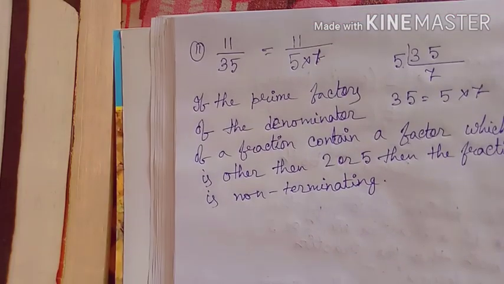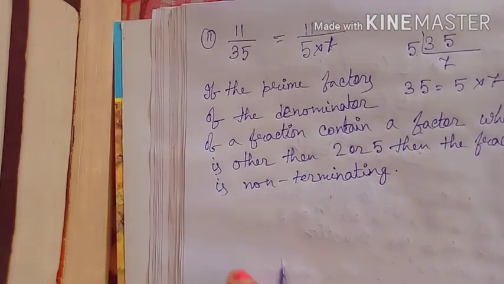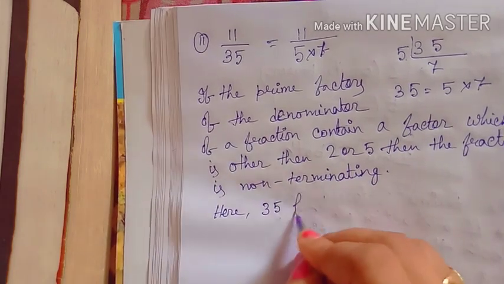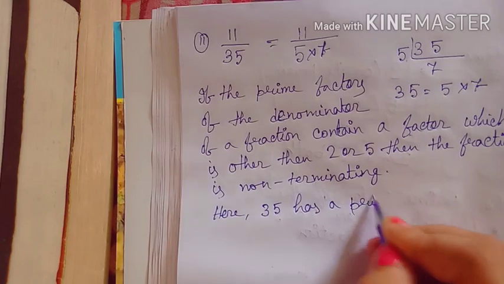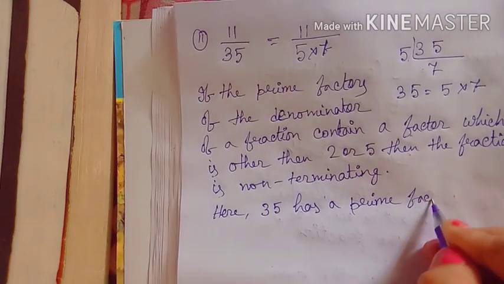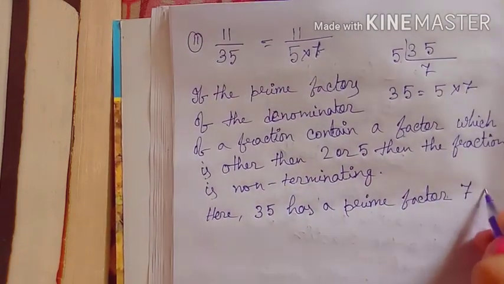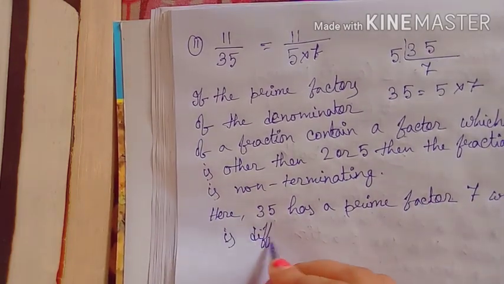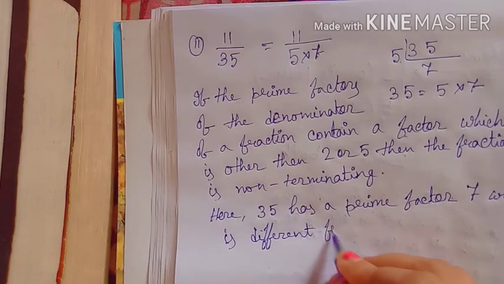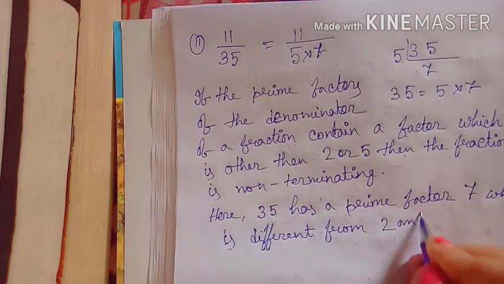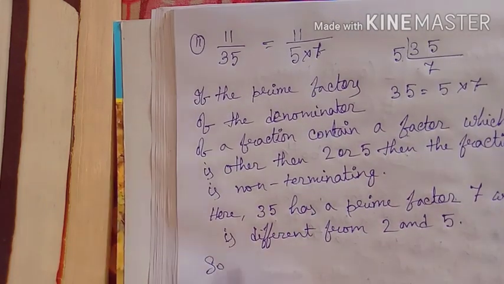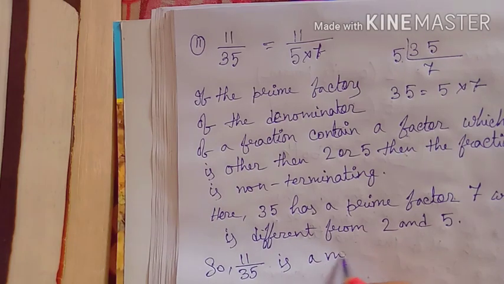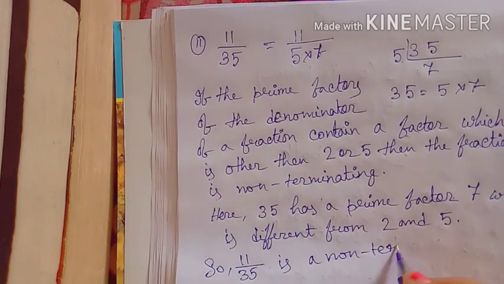Here 35 has a prime factor 7, which is different from 2 and 5. So the fraction is a non-terminating decimal.